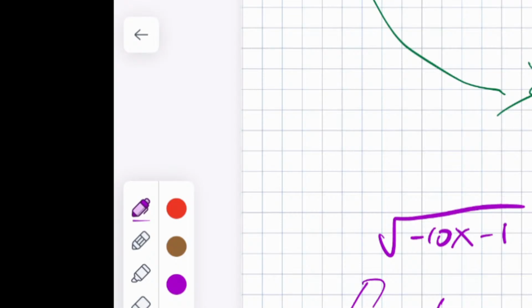So the square root of 4 is 2, plus 2. 2 plus 2 does not equal 0, right? So only 3 over 8. This is what I got. Did everybody check out? So one of them is not a solution. Is that okay for everybody?